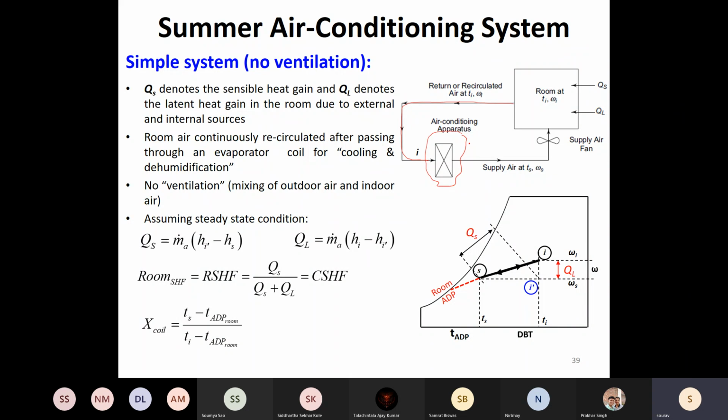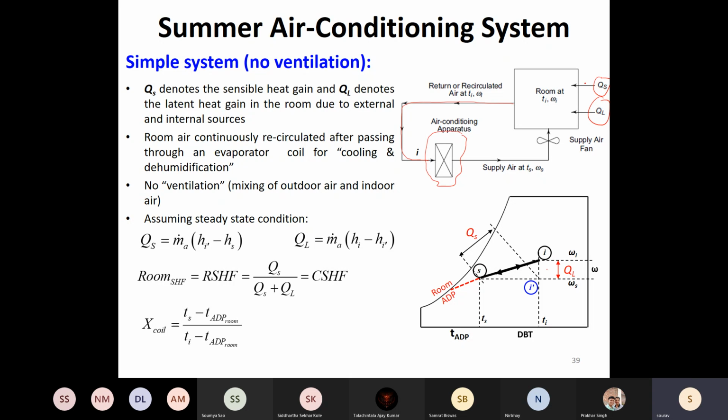So we'll assume for simplicity that everything is at steady state, and at steady state, one needs to know what is the load on the room. And the load on the room should be divided into sensible and latent load, because in any psychrometric process, you not only need to know the enthalpy change, but you also need to know what fraction of that enthalpy change is going into latent and the remaining would be in the sensible part. So that's what will fix the slope of this process line.